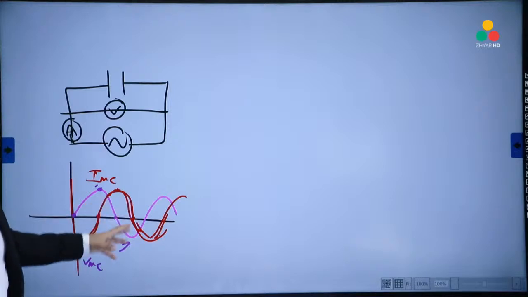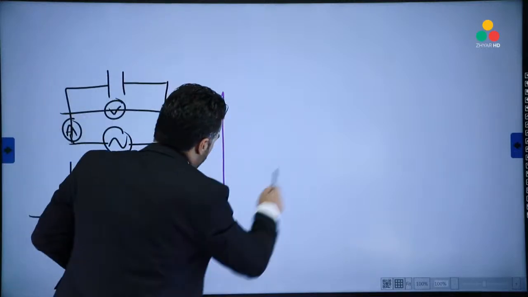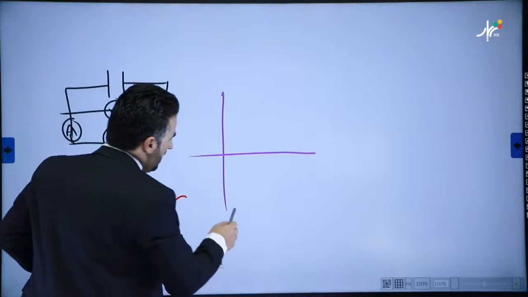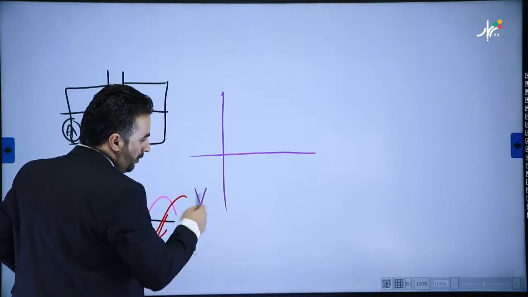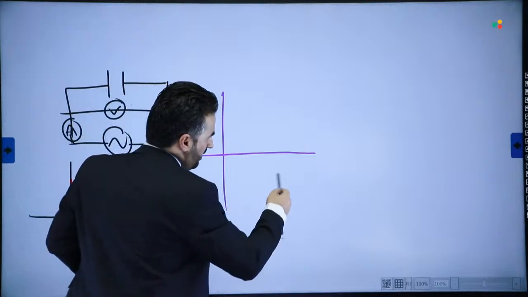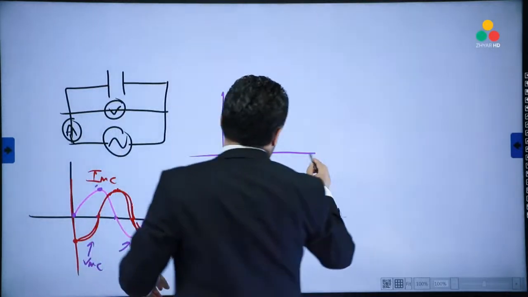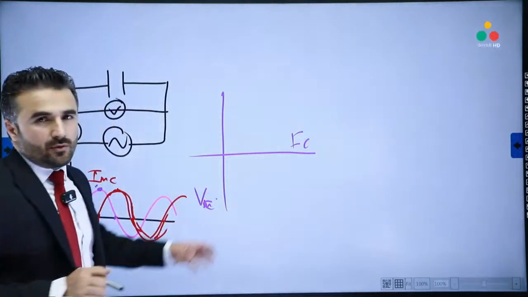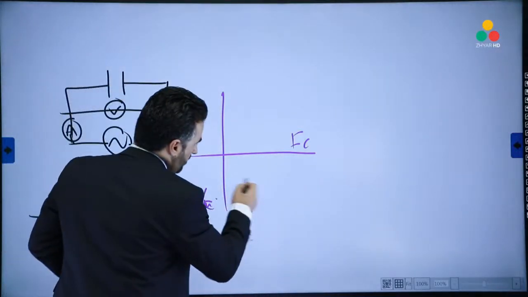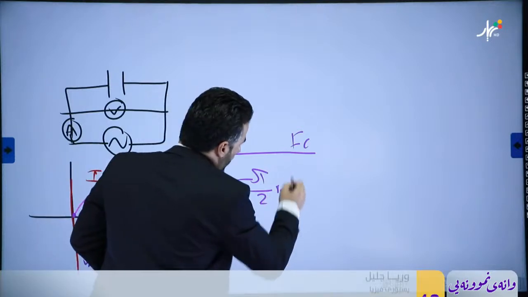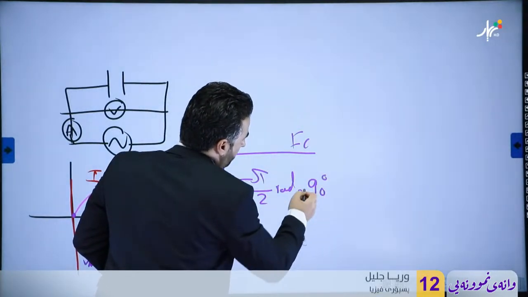So based on this, what is the angle between the two? Because we're talking about lag here, this is the voltage across the capacitor, and this is the current. The phase angle difference between the two is negative pi over 2 radians, or negative 90 degrees.